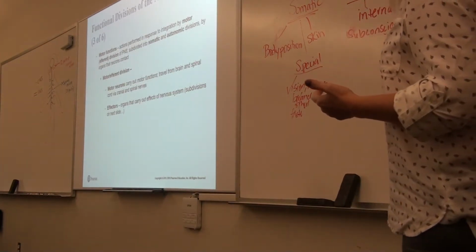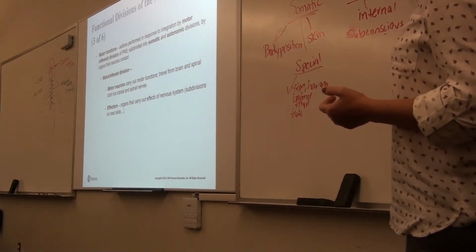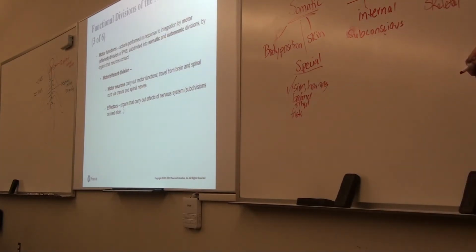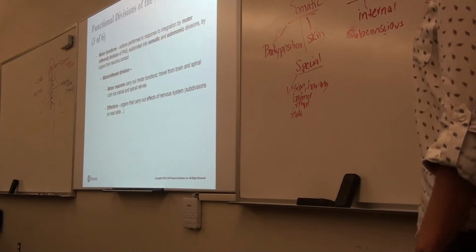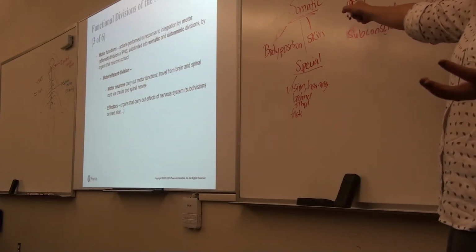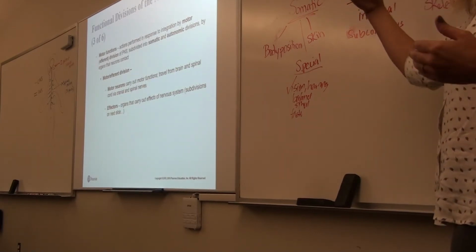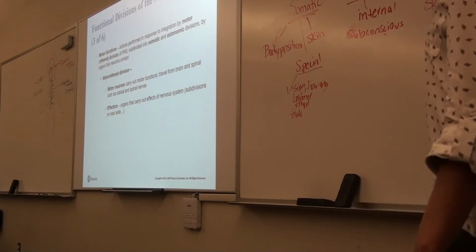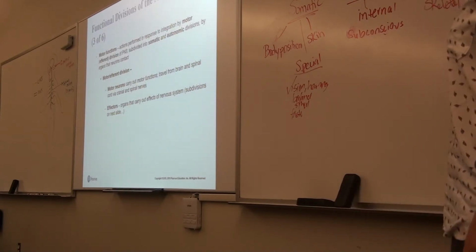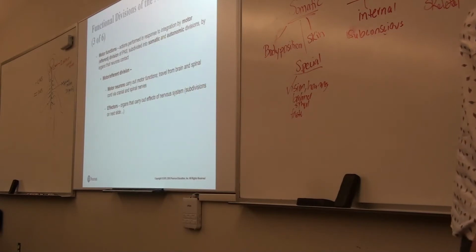Somatic motor, these are our skeletal muscles, right? These are all the ones that we're consciously controlling, that we're consciously aware of. The autonomic kind of relates to the visceral. These are the things that we're not consciously aware of. They're doing their thing. We don't control them. This is like the heart and smooth muscle. Bless you. The autonomic, this is all the smooth muscle and the cardiac muscle.